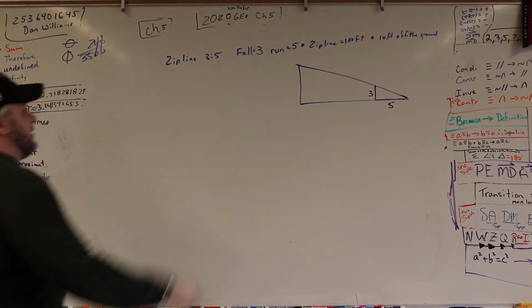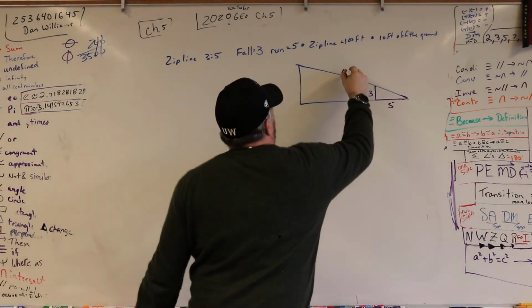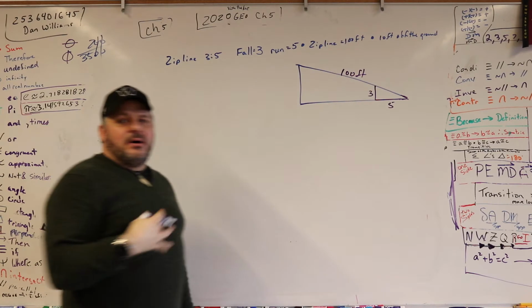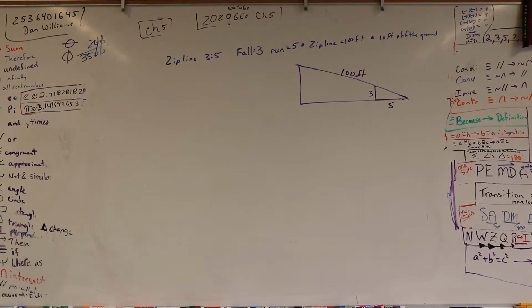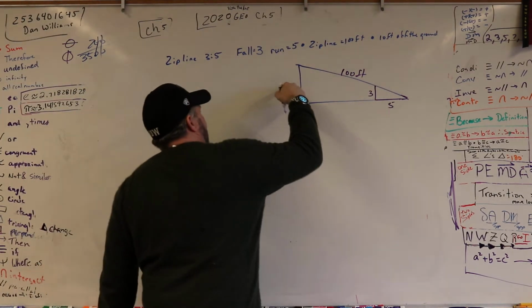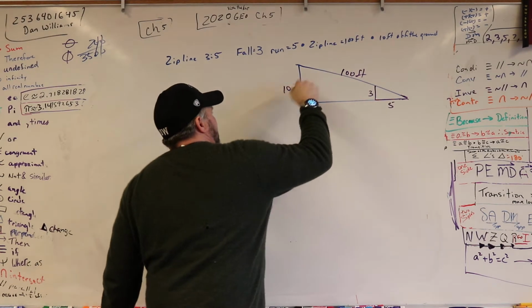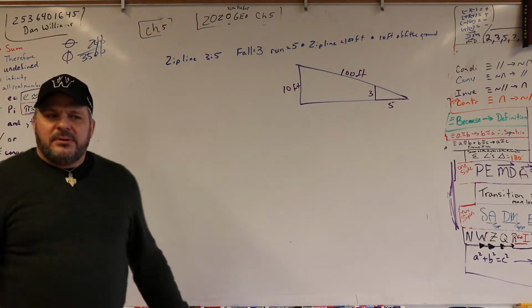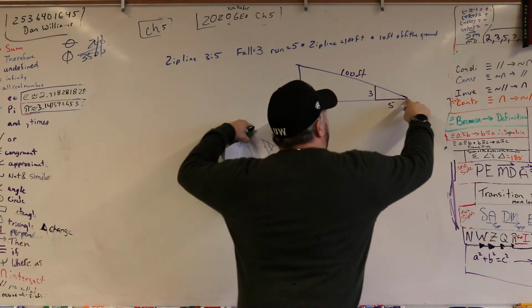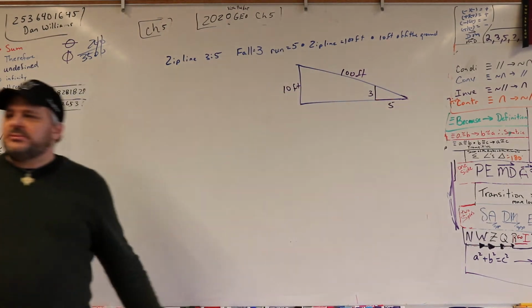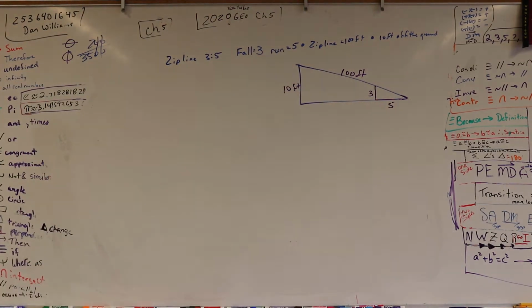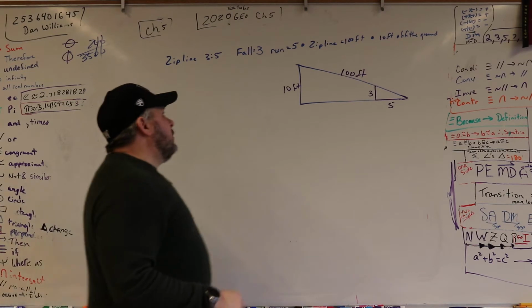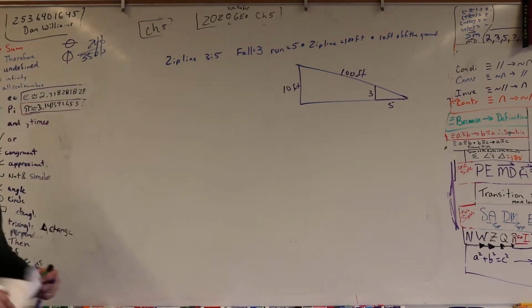It also says that the zip line is 100 feet long, and it's 10 feet off the ground, or at least higher than where you land. Does that make sense? Is that possible? Well, I don't know. We're going to find out.